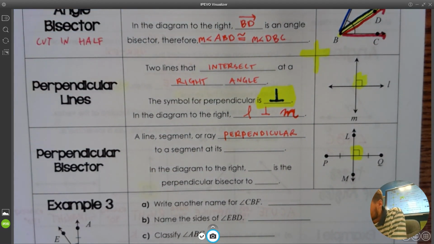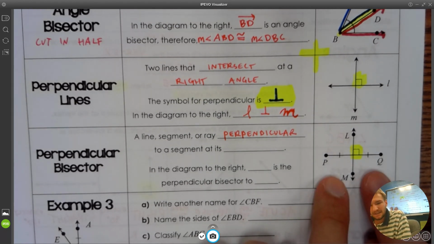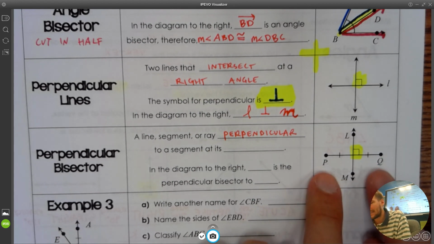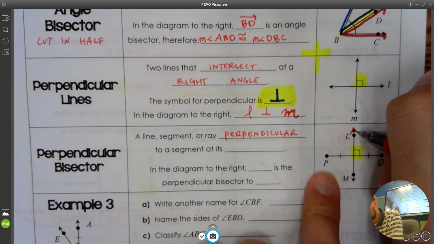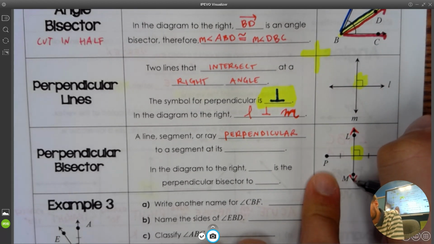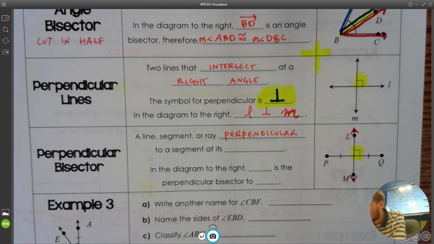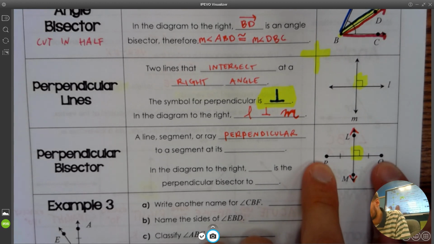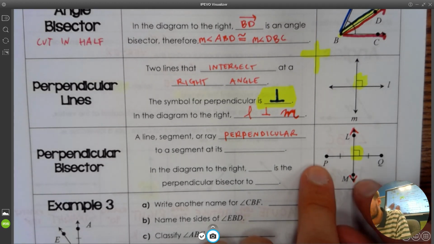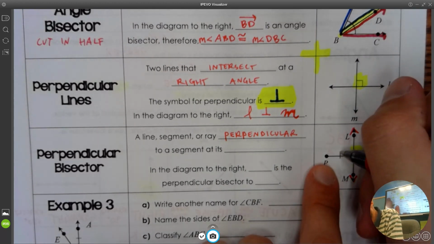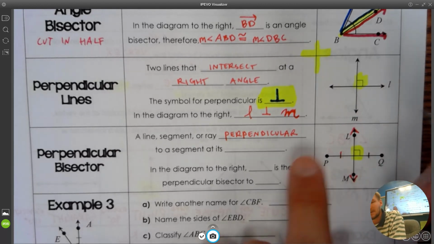So this is a little bit different. Our picture here has arrows on the top and bottom, but it does not have arrows on the left and right. That means this is a segment that has been bisected, okay? We can see our little hash marks or slashes or notches or however you want to call them.